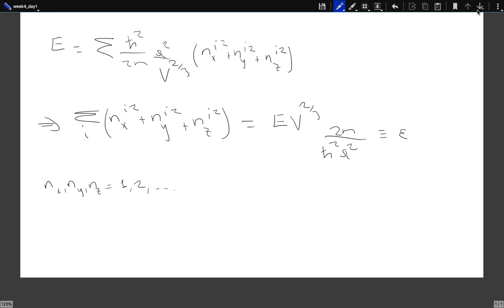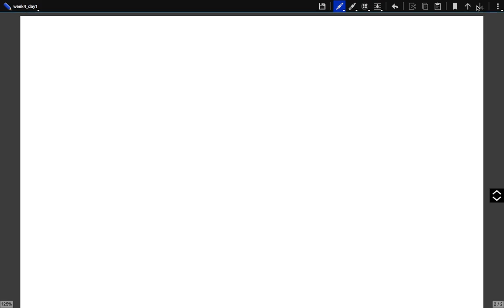Now to see how we can find these integers, let's look at a simple case. How many solutions does nx squared plus ny squared equal to, let's say, epsilon have? In the actual case, we should find 3N integers, not just 2, but let's just, as a toy example, try to determine how many solutions this has. Now, let's just imagine this 2-dimensional space.